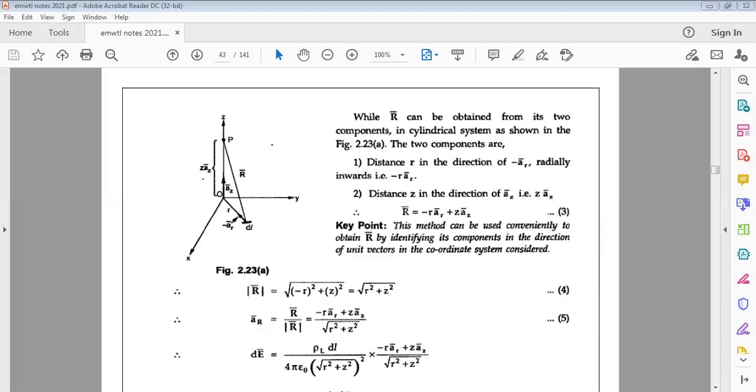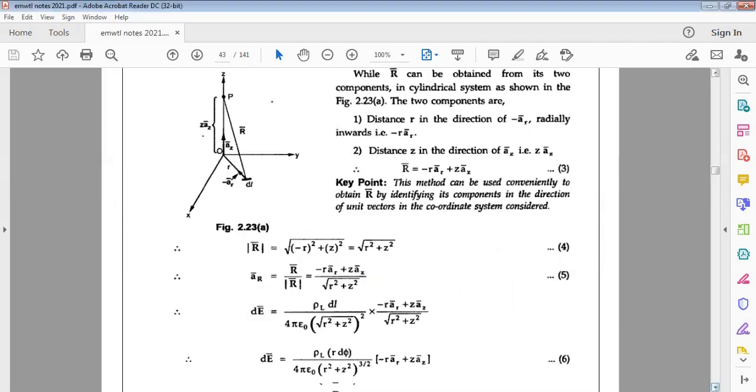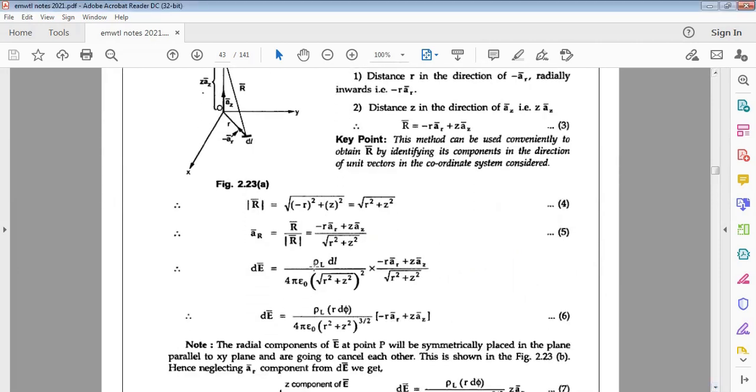Then see here, we got dL bar is R into d phi. Previously we've seen it is a small differential length on the ring, and it is tilted with the phi direction.